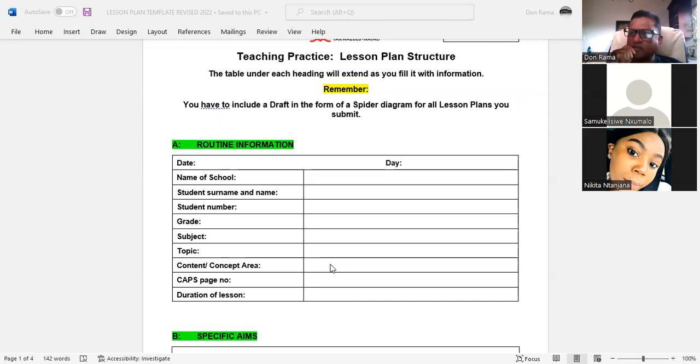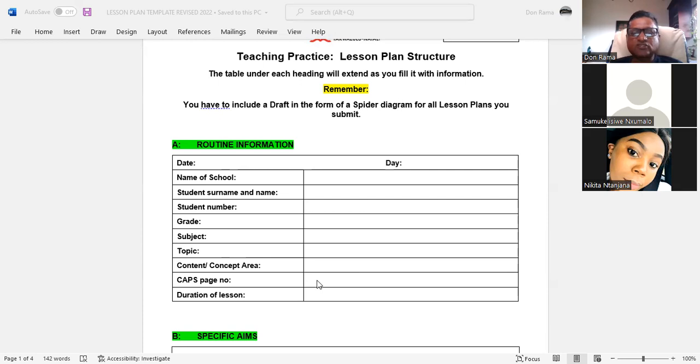What are you actually going to be teaching? So maybe you are going to be looking at the 3 or 4 different types of triangles. So that would be the concepts that you're going to teach, the different types of triangles, right? And for each type, there will be some content material, which we will discuss later.